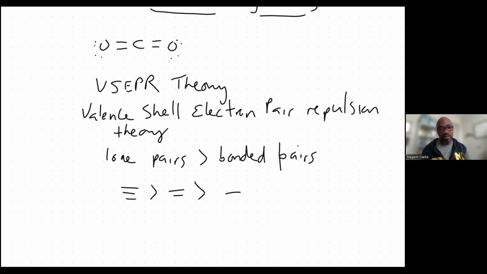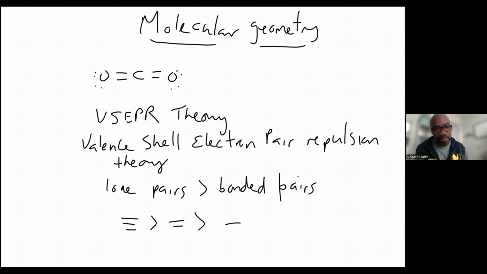So let's go back to carbon dioxide. Carbon dioxide, the bond angle is 180 because that's the maximum separation that's going to give us a stable molecule. And we focus on the central atom when we're talking about VSEPR theory, the shape around the central atom.